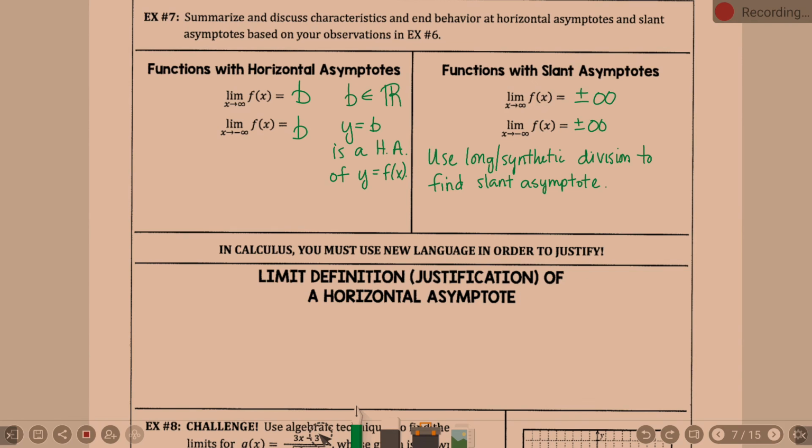In calculus, you must use new language in order to justify. Again, that's the whole using the limit notation to justify. That's one of the big things we've been working with. So limit definition, justification of a horizontal asymptote.